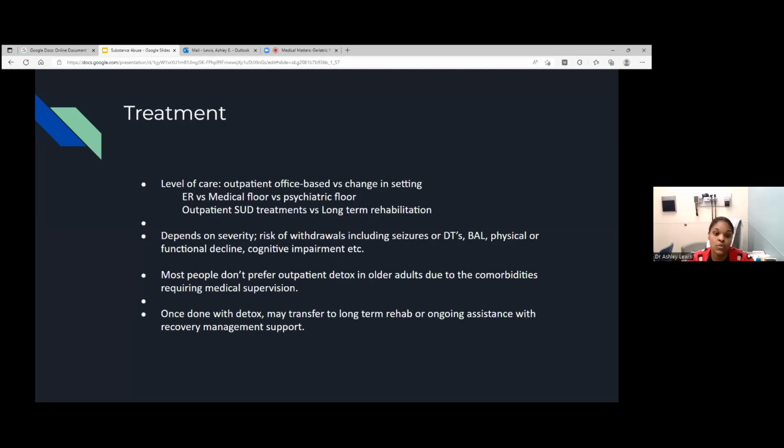Most people don't prefer outpatient detox in older adults due to the comorbidities requiring medical supervision. Once done with detox, you may transfer to a long-term rehab or ongoing assistance with recovery management support.